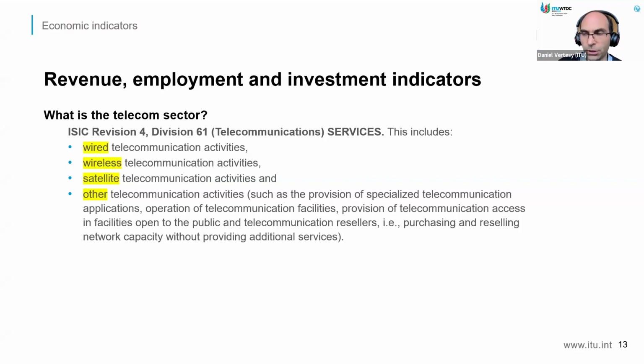Starting from the big picture, economic activities are broken down into various classes: agriculture, manufacturing, services, etc. When we are talking about the telecommunication sector, we are looking at the telecommunication service sector, for which we use the international definition, so the ISIC Revision 4 classification, division 61. In Europe, it would be NACE. In North America, the NAICS classification.